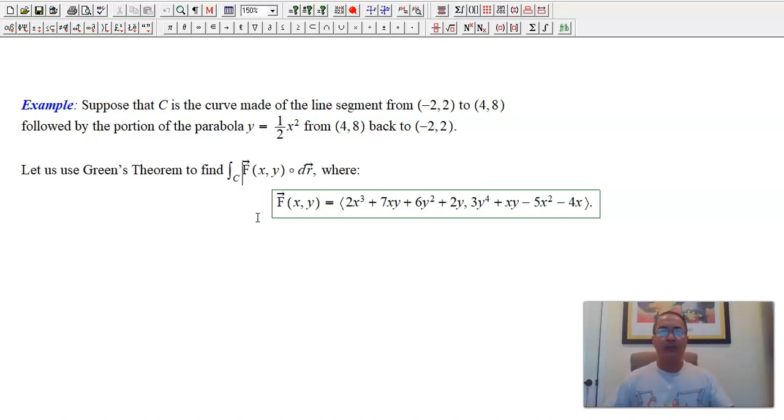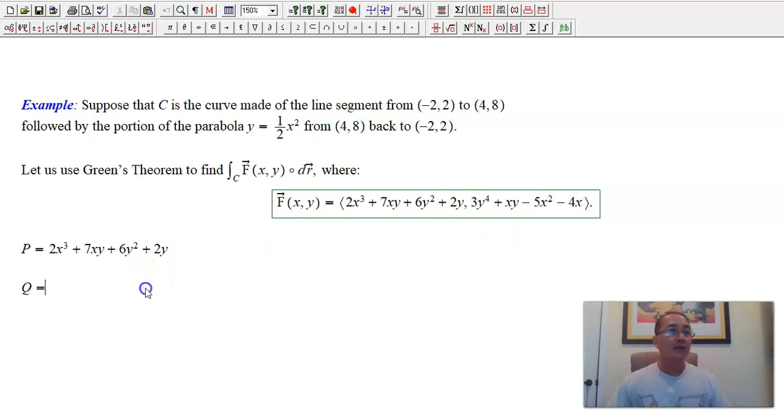Before we go to GeoGebra though, let's see if finding qx minus py is going to give us something simpler or just as horrific as this ugly looking thing. Remember that the first component is our p, and the second component is our q.